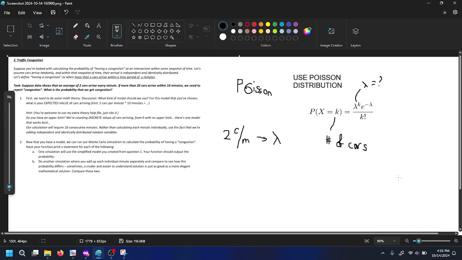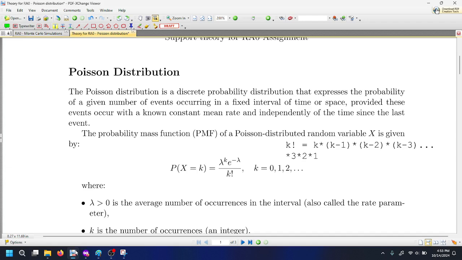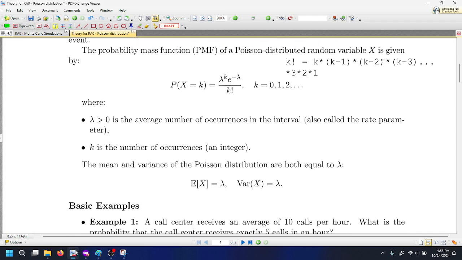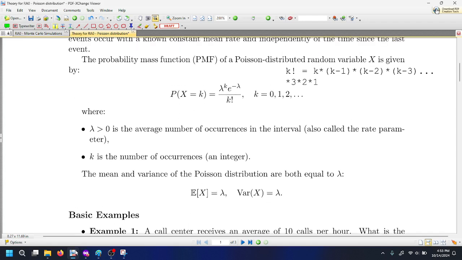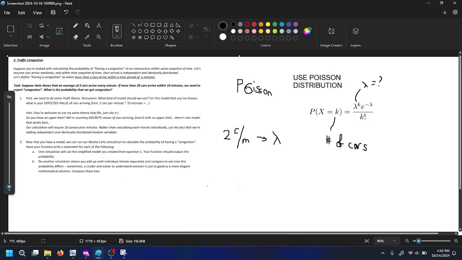If we go back to the document quickly, we'll see that the mean and variance are both equal to the rate parameter. And this means that the expected value is equal to the rate parameter. And that's the second hint: what is our expected value for the number of cars arriving.